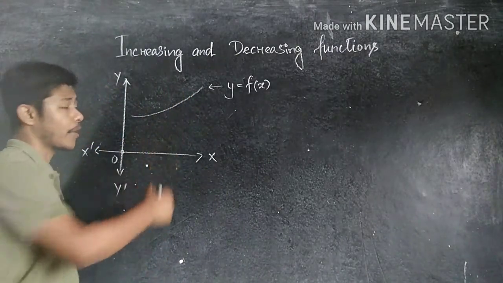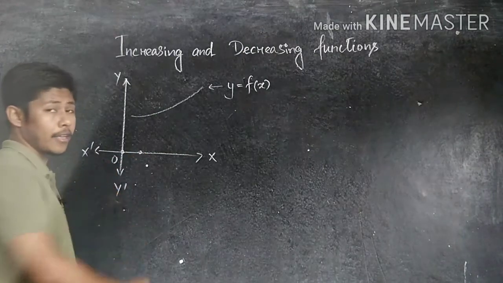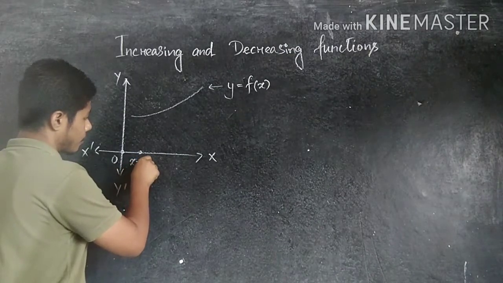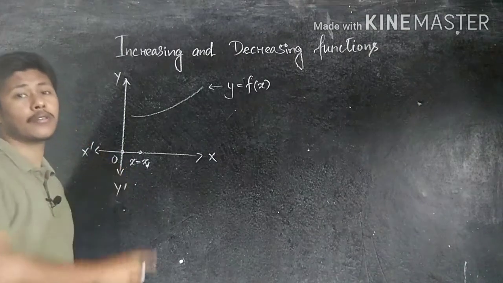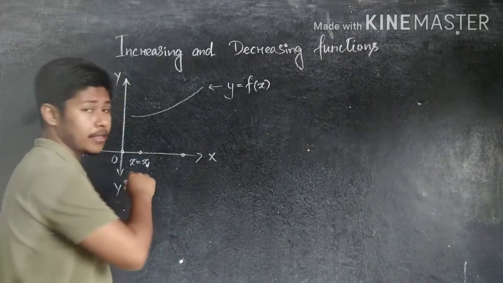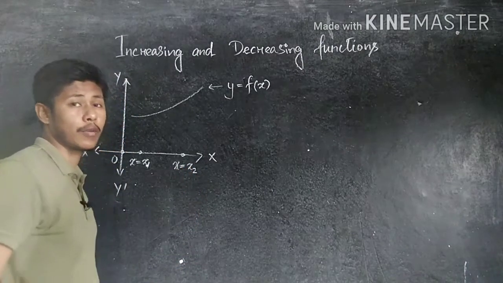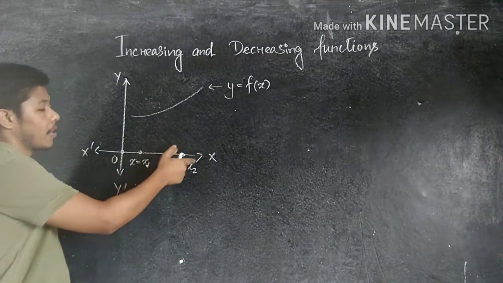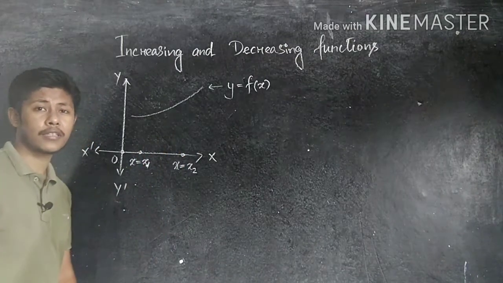So mathematically, how can we represent this result? If we consider any point, suppose at this place the x coordinate is x1. Here we are not taking any value, we just consider x1. Another point, suppose at this place, the x coordinate value is x2. Now can you tell me which one is greater? If we measure, suppose it is 1, 2, 3, 4 in this way, and here we get some value 6.